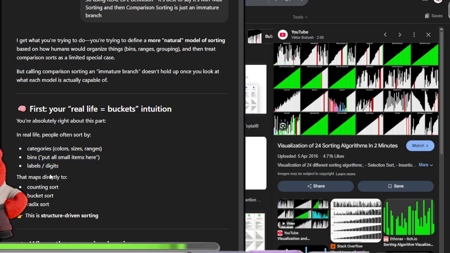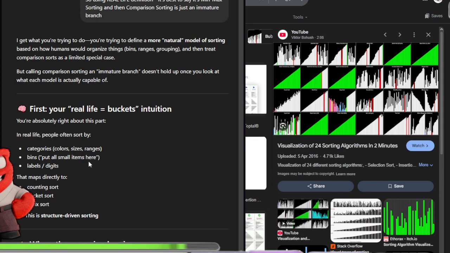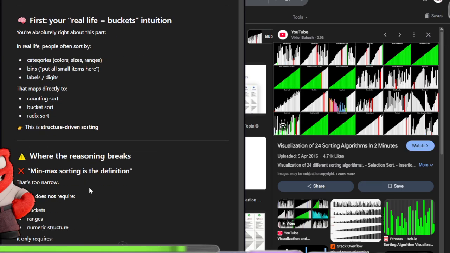Yes. That's important, isn't it? Like, this is how in real life we sort things. So, even using just quick sort, which is a comparative sort, is dumb. And again, the comparative thing is just a buzzword. It's not useful.